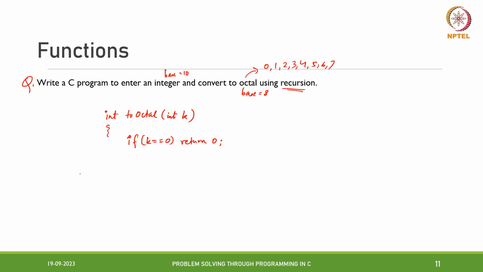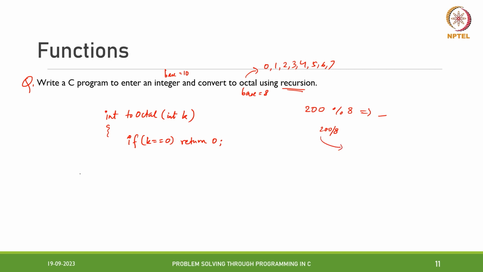Okay, you agree? So if I have a number, say 200, I want to basically do 200 % 8, whatever remainder I get from here, and then I want to do 200 by 8 and pass it forward.